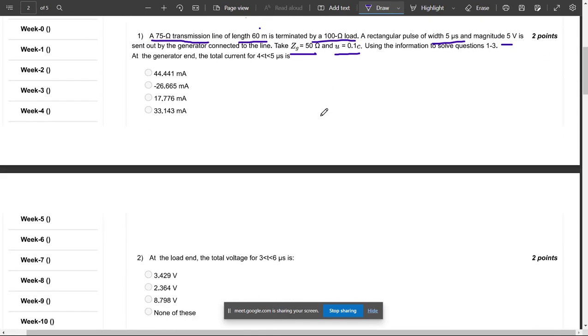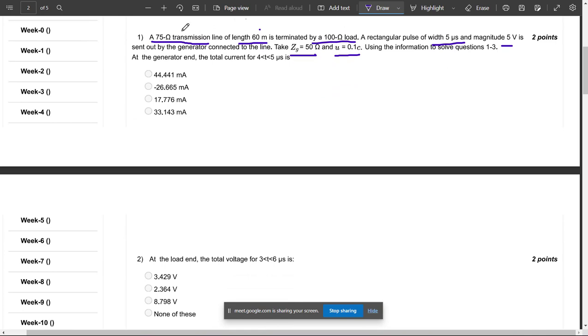So a circuit is given, and it has a 75 ohm transmission line of length 60 meters, and the load is 100 ohms. At the generator side a rectangular pulse of width 5 microsecond is sent with magnitude of 5 volts.